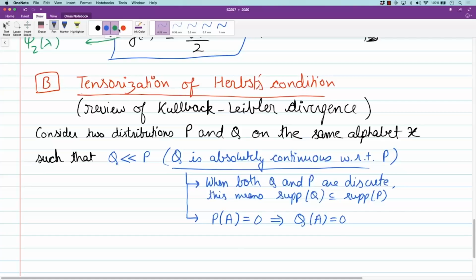But why does this condition enter? The reason it enters is for the following result, a quick review from probability theory.